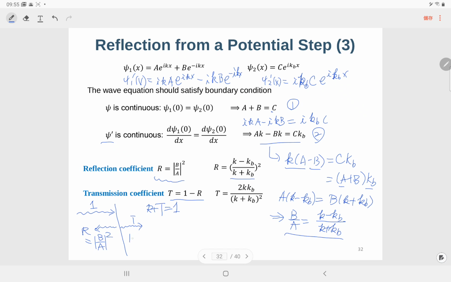So T is 1 minus R, and 1 minus R is actually this one, because this is k plus kb squared minus k minus kb squared. So it should be 4 k kb over k plus kb squared.